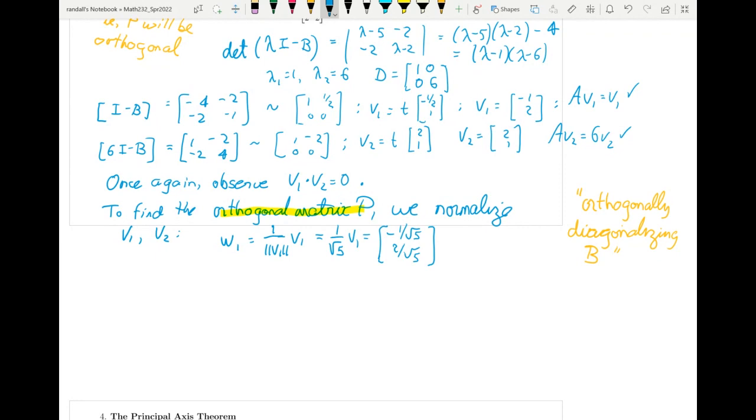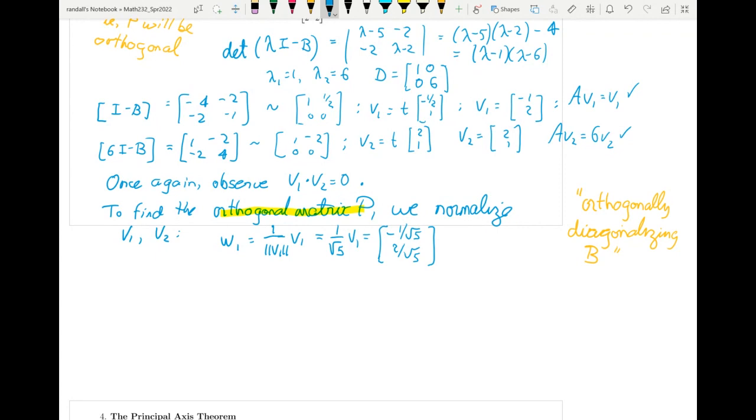Remember there are infinitely many eigenvectors. They're all multiples of this one up there, minus 1, 2. So you extract the one that has length 1, the one that is normal, we say, and you just divide it by its norm. So I did that.